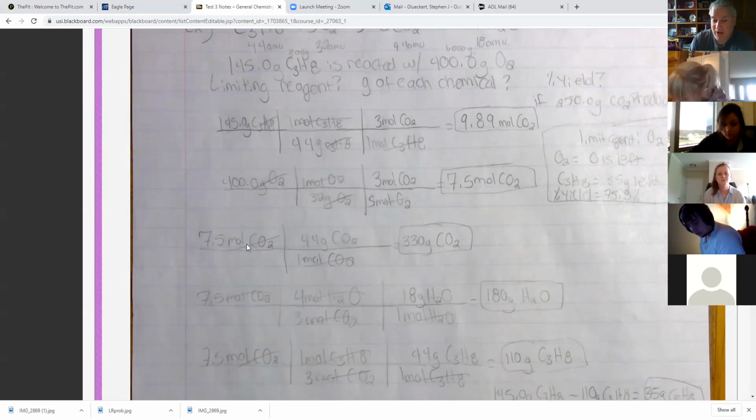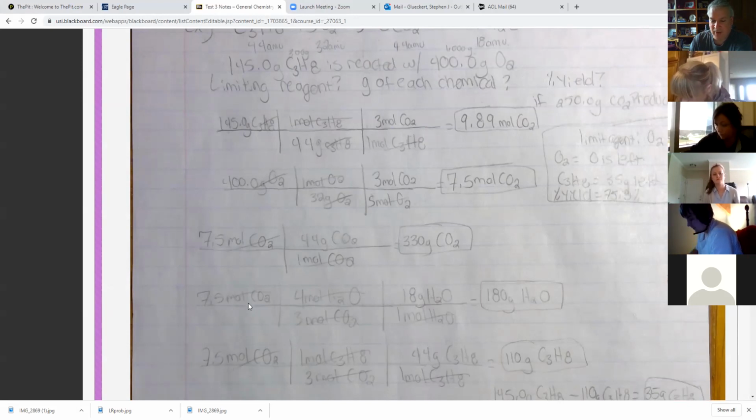So we got 7.5 moles of CO2. Very simply convert that to grams by using molecular weight. Hopefully that is becoming a trivial conversion factor for you. So in getting 7.5 moles of CO2, we will get 330 grams of CO2.